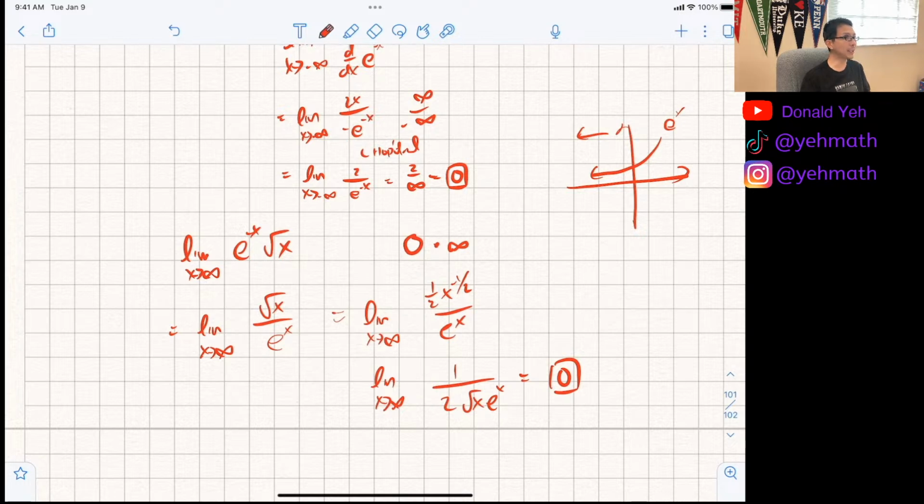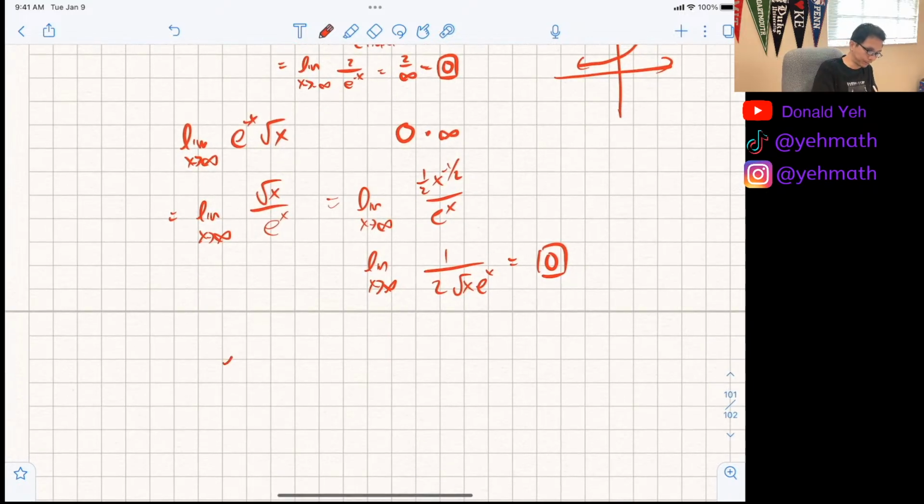Now, sometimes you need to have a vision. What I mean by vision is sometimes you have to be able to see things. I'll give you a simple one. Limit x approaching infinity of x to the 10 over e to the x. Now I can write x to the 100. The answer is always going to be the same. Can you tell me what's the answer here?